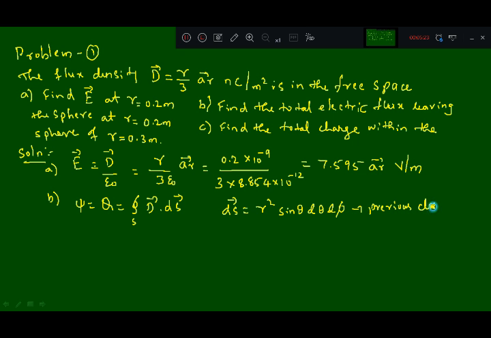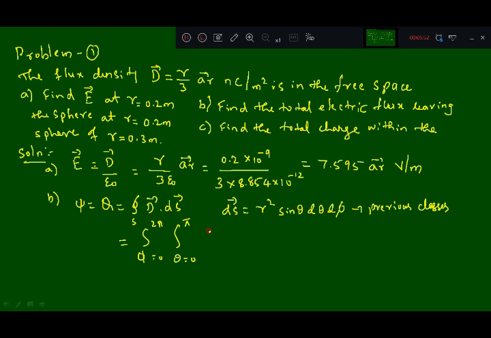So what is D dot ds? It is a surface integral over the sphere, so I have two integrations: phi from 0 to 2 pi, and theta from 0 to pi.